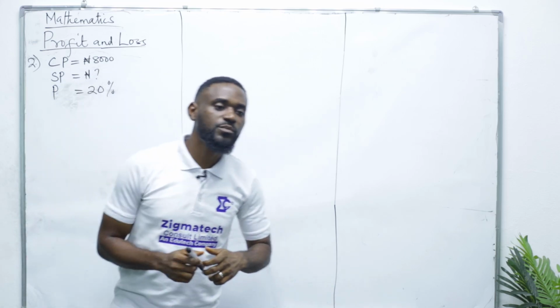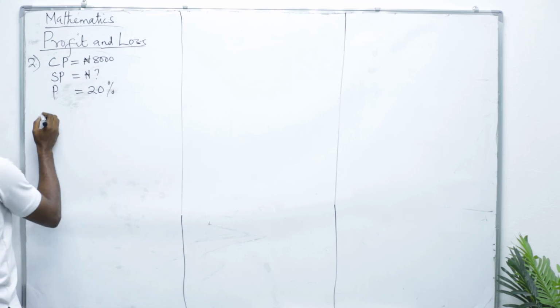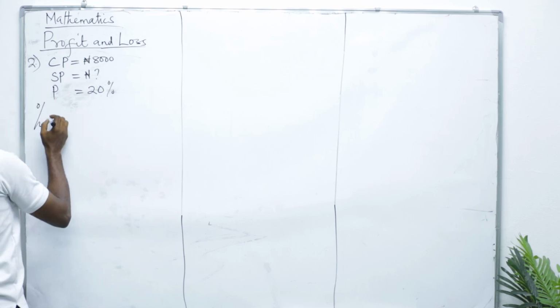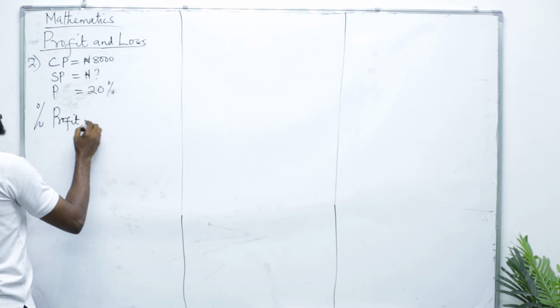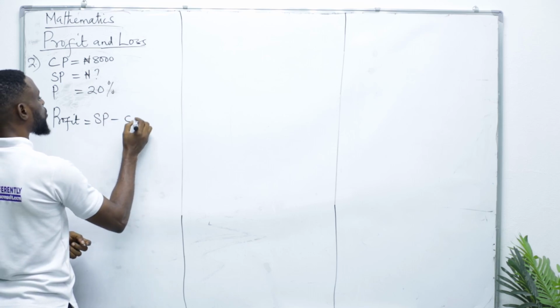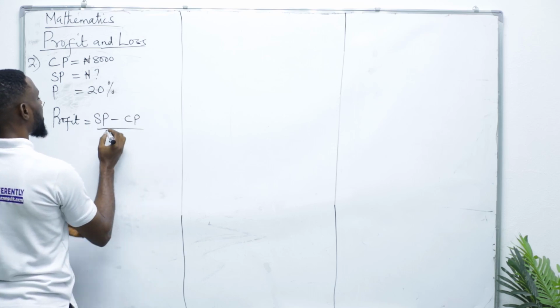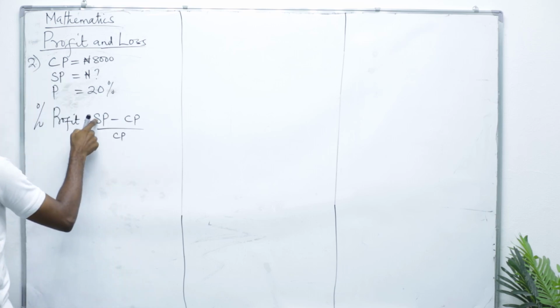Is that okay now? So what that means is simple. Remember, we said percentage profit is equal to selling price minus cost price divided by cost price.